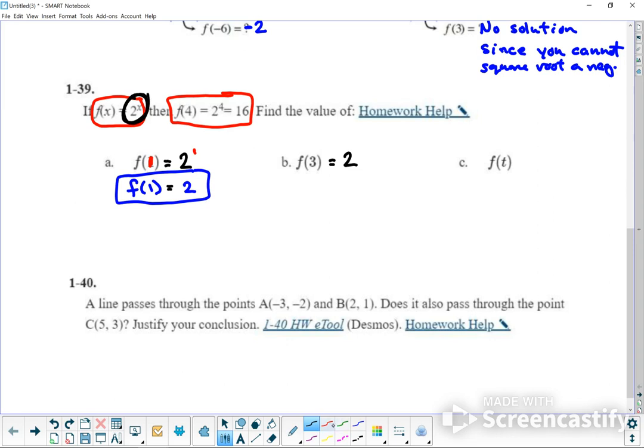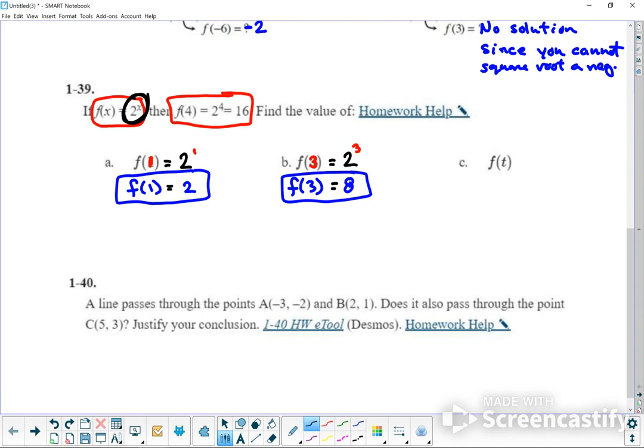So when we know x, which in this case is 3, it'd be 2 to the 3rd power, and 2 to the 3rd power is going to be 2 times 2 times 2. It's going to give you 8. So your f of 3 is equal to 8.